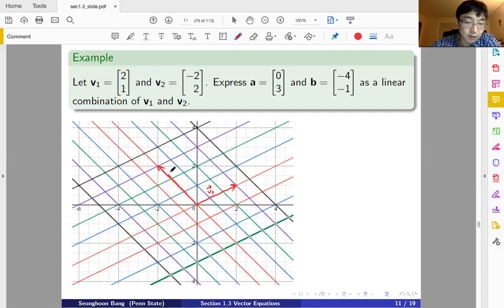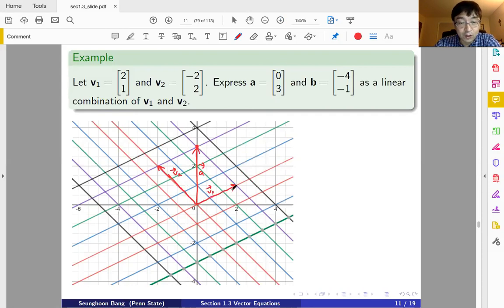This is vector v2. You can draw vector A. Vector A is this point, so we have vector A. This is vector A, and this is very clear.